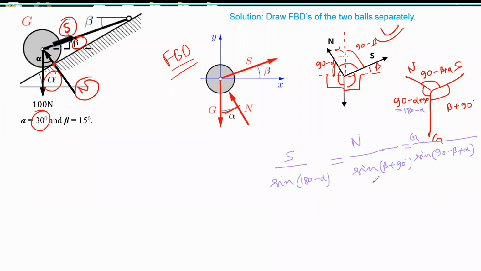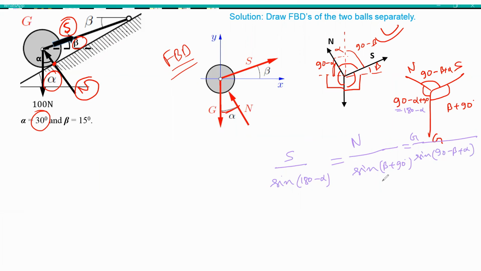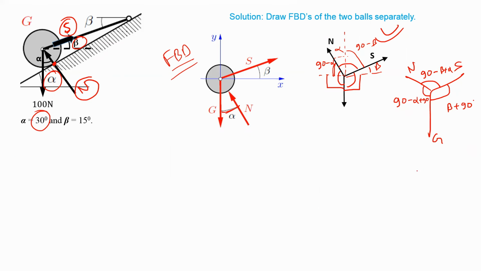Okay. From this equation, you can find out unknown S and N. G is given to you. The value of G is 100 Newton. So you can find out S and N. Remaining angles, this alpha and beta angles are known. So it's very easy to solve this equation.